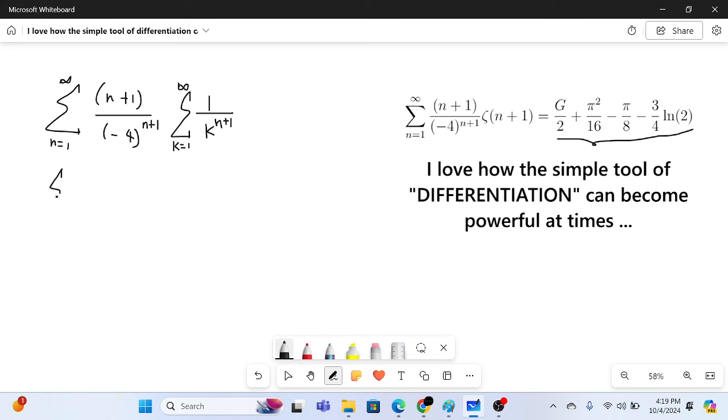First of all, these are constants which can be taken inside the sum, and then interchanged. Sum from k equals 1 to infinity, sum from n equals 1 to infinity, of (n plus 1) divided by (minus 4) to the power n plus 1, times 1 by k to the power n plus 1.